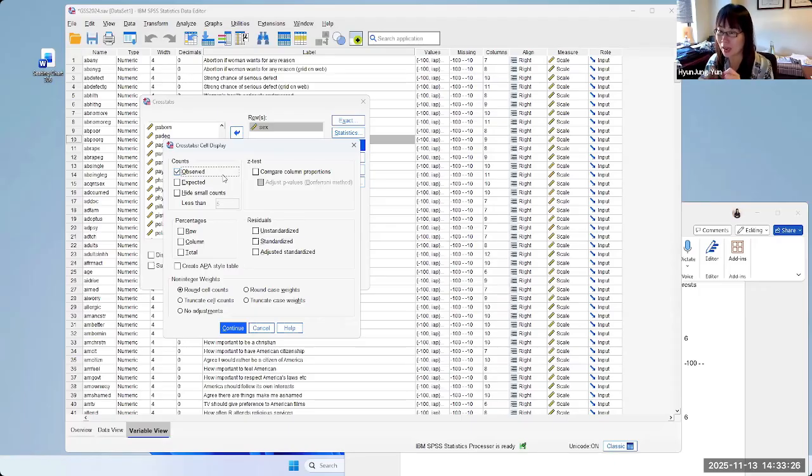The criterion is that each cell should have at least 5 expected frequencies. So in order to check that, beyond the default values, check the observed count from the data, and report the expected count to make sure it is at least 5.